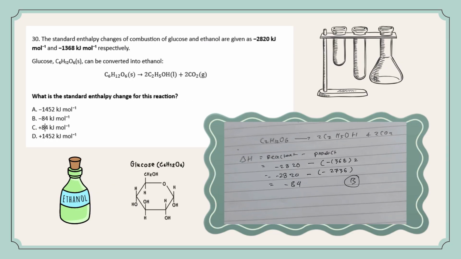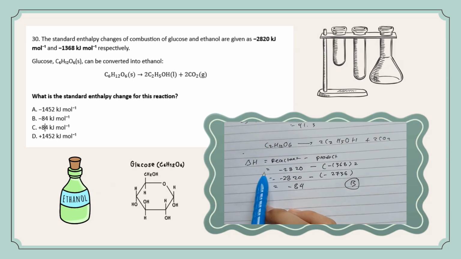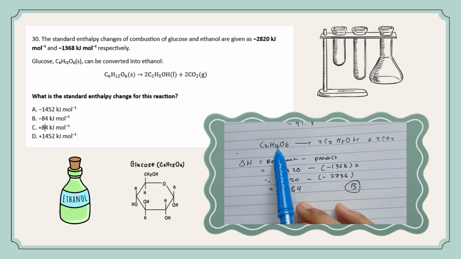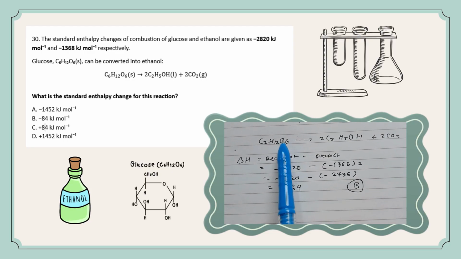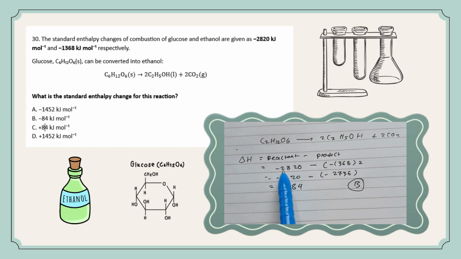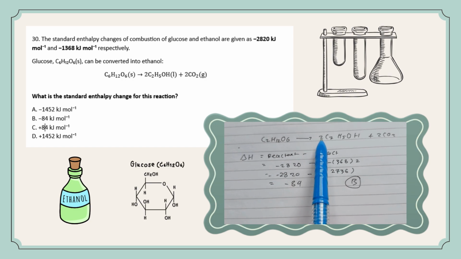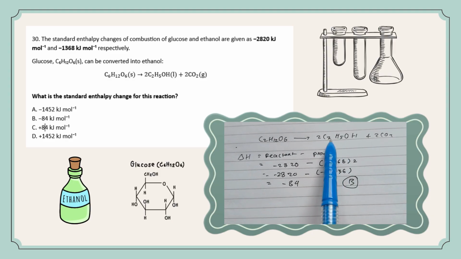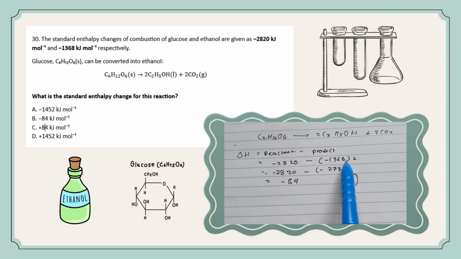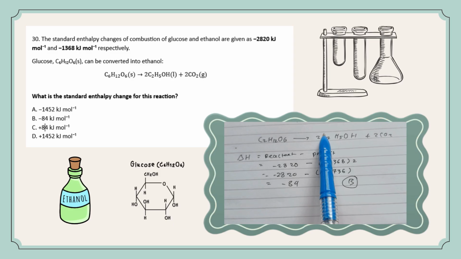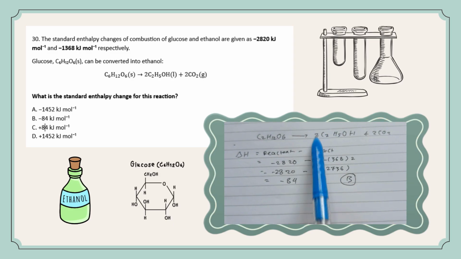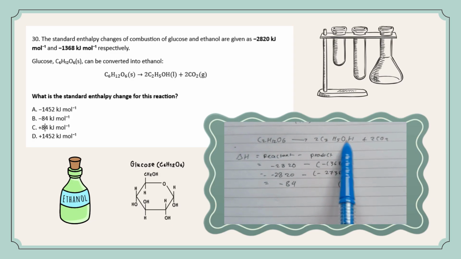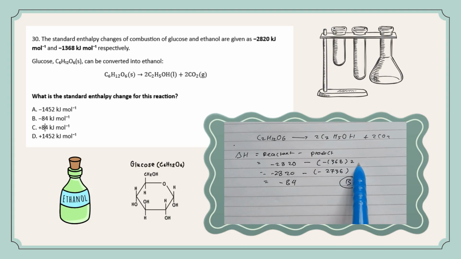And number 30, what is the enthalpy change of this reaction? So here we have glucose, whose enthalpy change we already know. This enthalpy change is minus 2820. And we also know this enthalpy change is equal to minus 1368. But because this is ethanol, I think, we have to multiply it by 2.